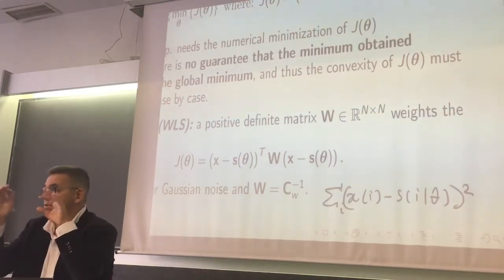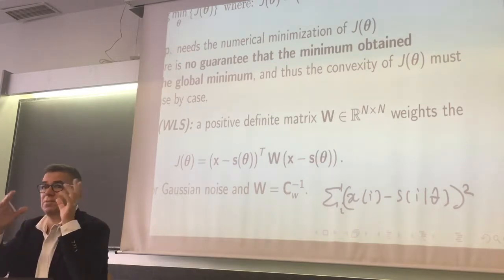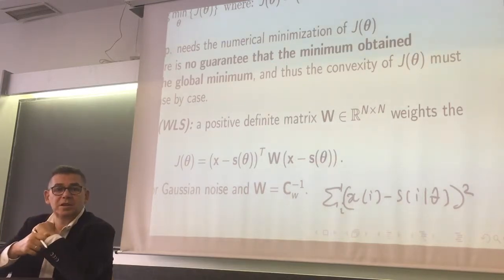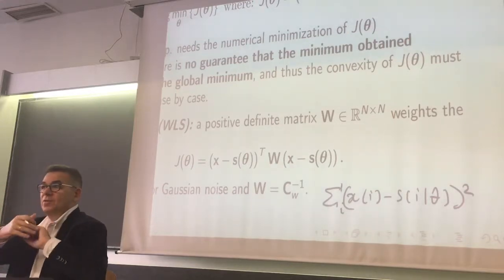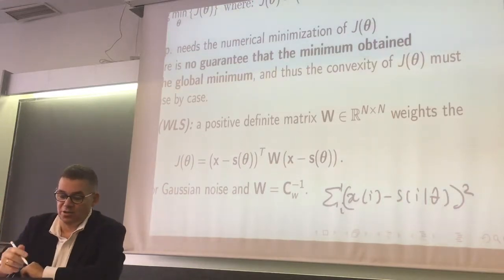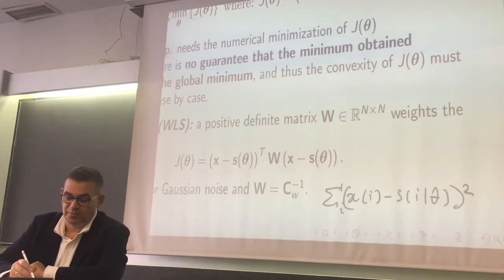For instance, you have a set of samples, and there are a few samples that are really outliers. Outliers means you have a couple of samples that look like they have nothing to do with the data. Just to illustrate the point.